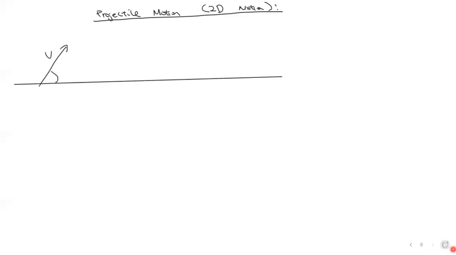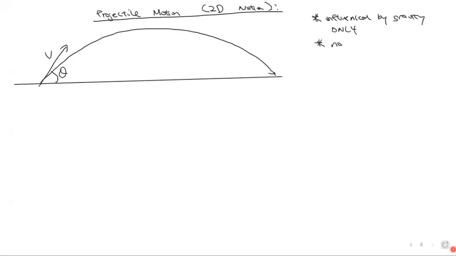So now, applying to projectile motion, which remember is a 2D motion. And remember your key ideas as before. It is launched at some velocity v at some angle theta. We understand it will kind of do this thing, but your key points are influenced by gravity only, which of course means no air resistance.